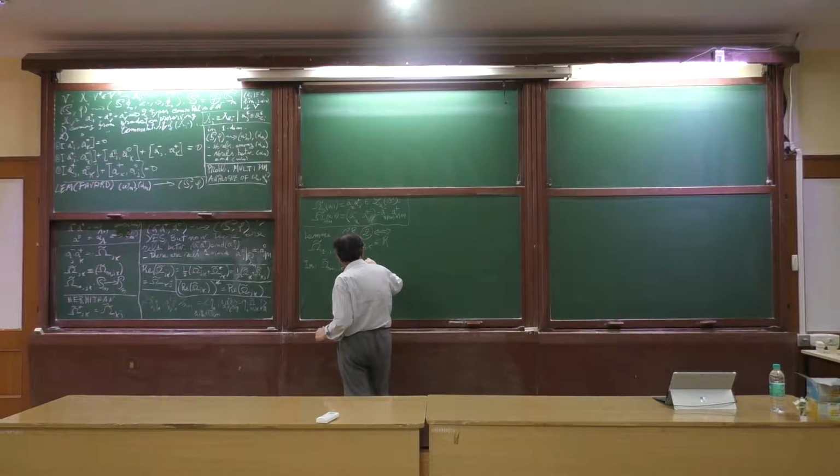By definition of omega tilde, this is the imaginary part of A minus j restricted n plus 1, A plus k restricted n. So this is just a definition.